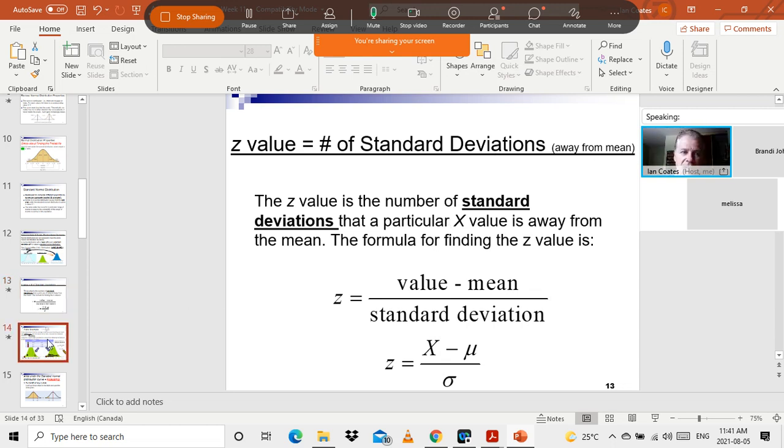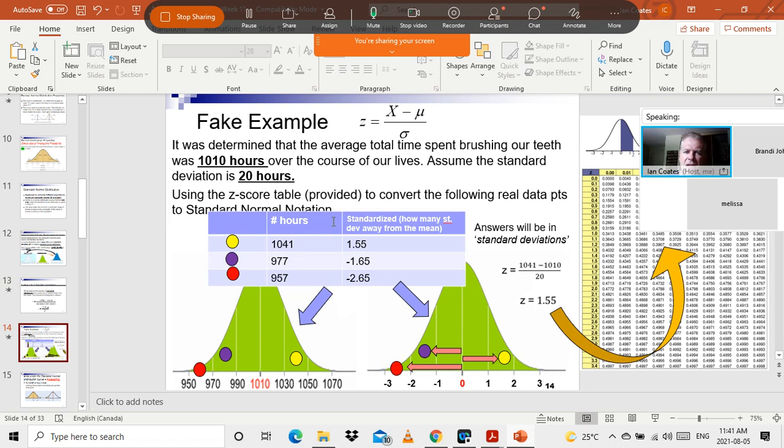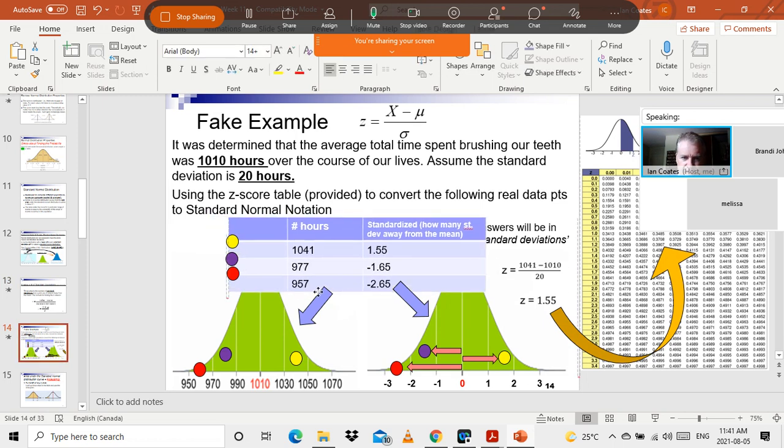So let's have a look here. Completely fake example, but let's have a look at it. It was determined that the average total time spent brushing our teeth was 1,010 hours over the course of our lives. Assume the standard deviation is 20 hours.